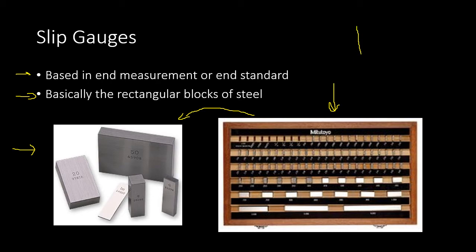So if, for example, this is a slip gauge, then the faces, so this face and the one behind, which is not visible, are used for the measurement. That means the distance between those two faces represents the dimension to be measured.